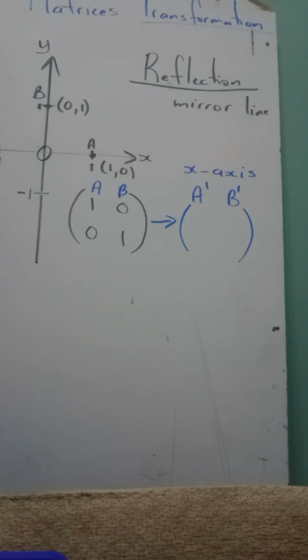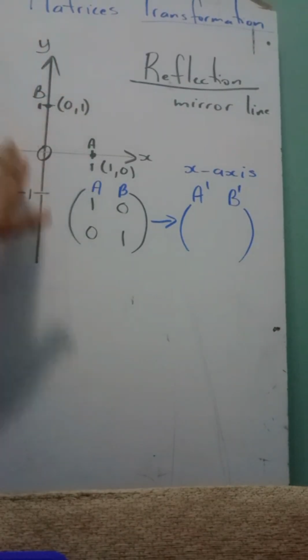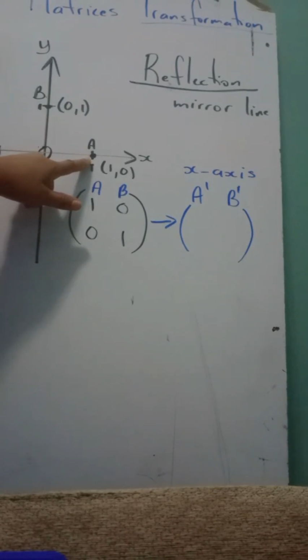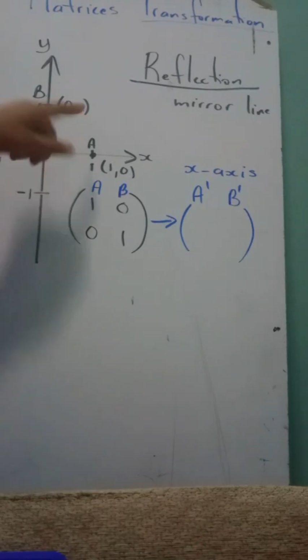So what does matrices transformation entail? If you're looking to transform a point or an object, notice I have on my small Cartesian plane here the point A, which is at 1, 0, the point B, which is at 0, 1.